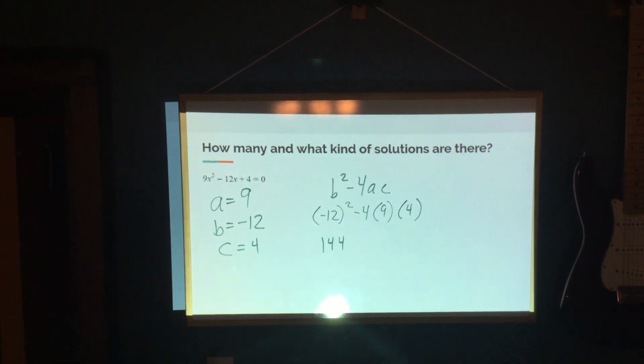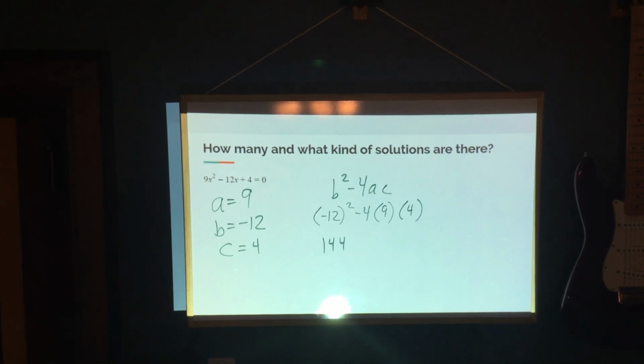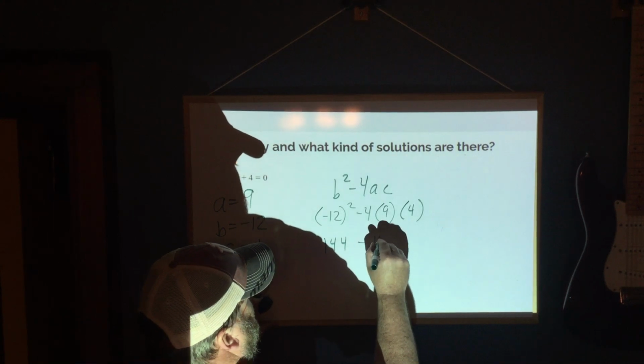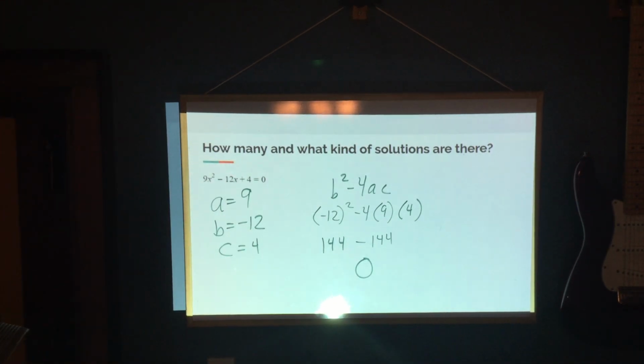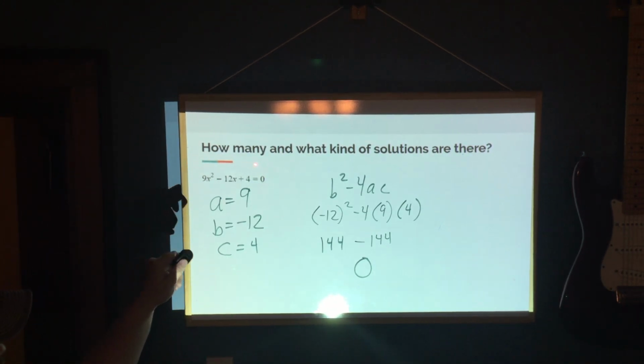And I'm going to use the calculator to figure that out. So negative 4 times 9 times 4, that's minus 144. That's 0. 0, if you go back and look at that chart, means that this is actually a perfect square trinomial and there's only one solution.